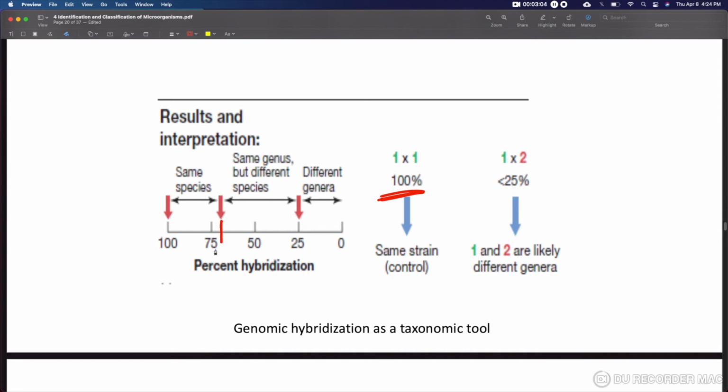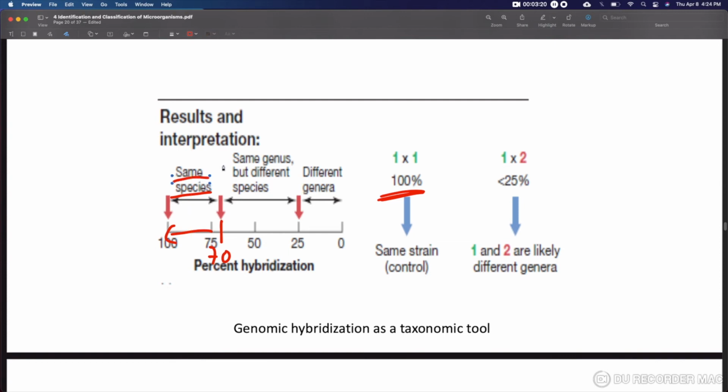From 70 above to 100, if the percent DNA hybridization is 70% to 100, you can conclude that it is from the same species.